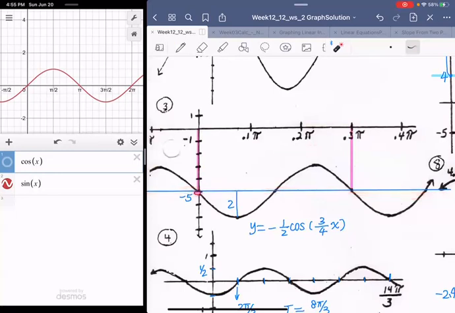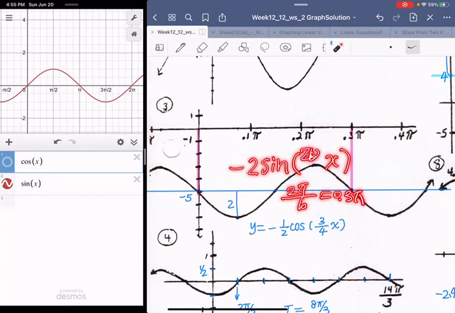And the amplitude is 2, but it starts going down, so that makes it negative. So it's y equals -2 sine. And then for b, 0.3 is 2 pi divided by b, so that means it's 20/3. So then it's -2 sine 20/3x, and then -5.